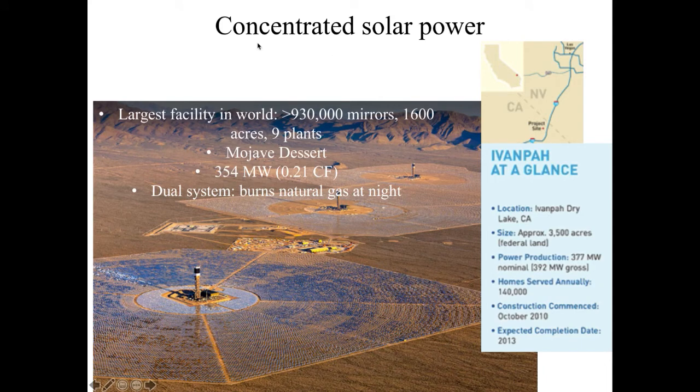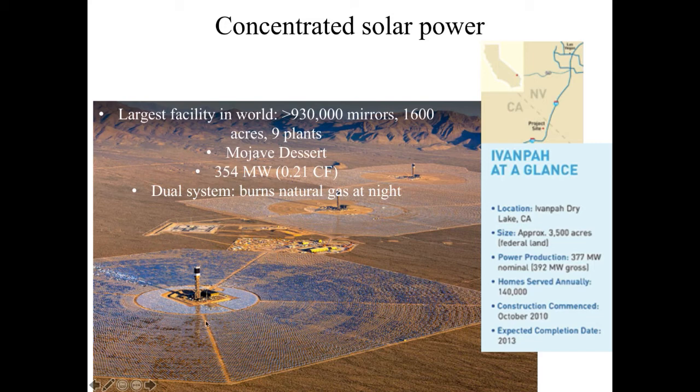There are some very large concentrated solar power fields around the world. This is one in the Mojave Desert in Southern California. And again, you can see in the photograph 1, 2, and 3 towers, and they are surrounded by all of these heliostats or mirrors.